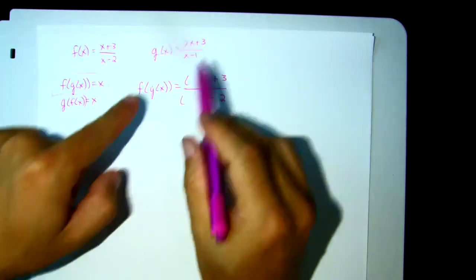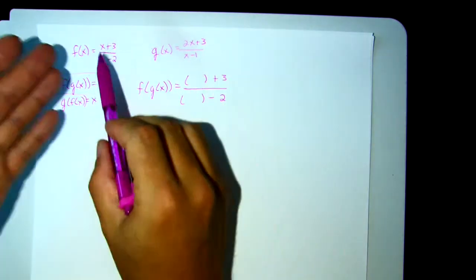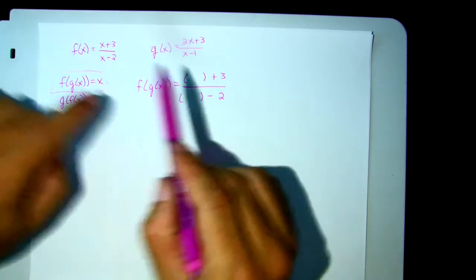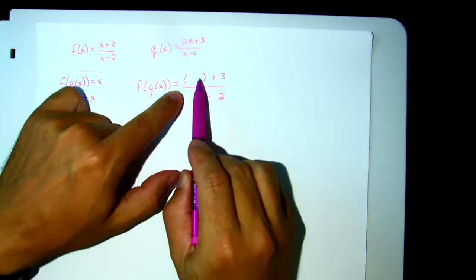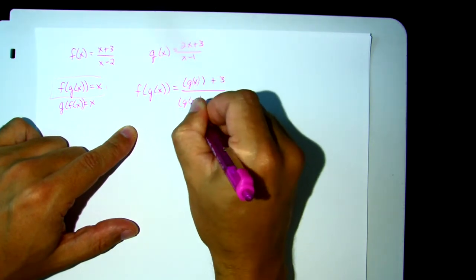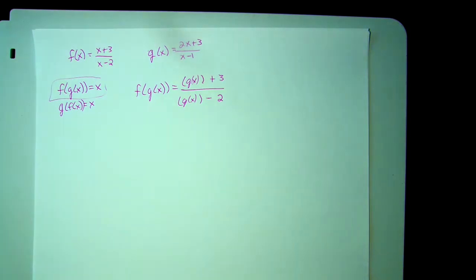You can just plug in the g of x first and start that way. Or I like to show the template of f of x, and then everything that's here, I'm going to put inside here. So I'm just going to write g of x here and g of x here. This is just one way to do it. This way might make it a little bit clearer what's going on.